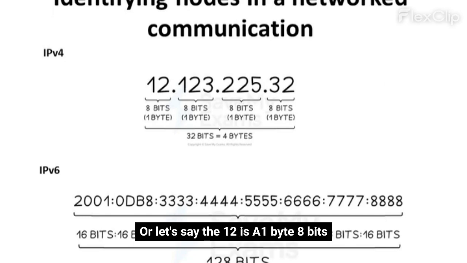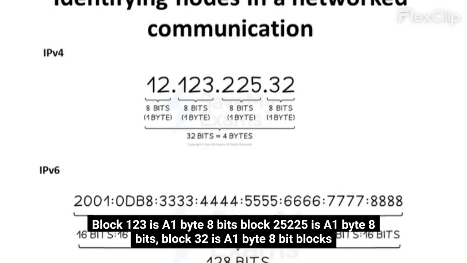Or let's say 12 is a 1 byte, 8-bit block. 123 is a 1 byte, 8-bit block. 225 is a 1 byte, 8-bit block. 32 is a 1 byte, 8-bit block.